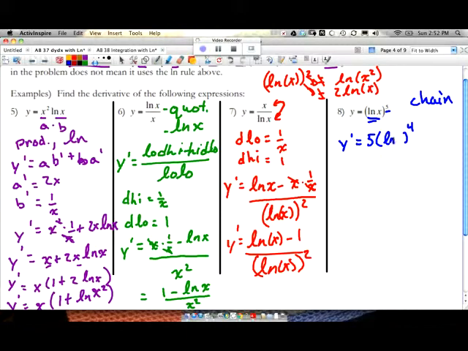Well, that something is natural log of x, and then I have to take the derivative of that, which is 1 over x, based on the earlier relationship we saw. So simplify it into one big fraction here. We'd have 5 natural log of x to the 4th power over x.